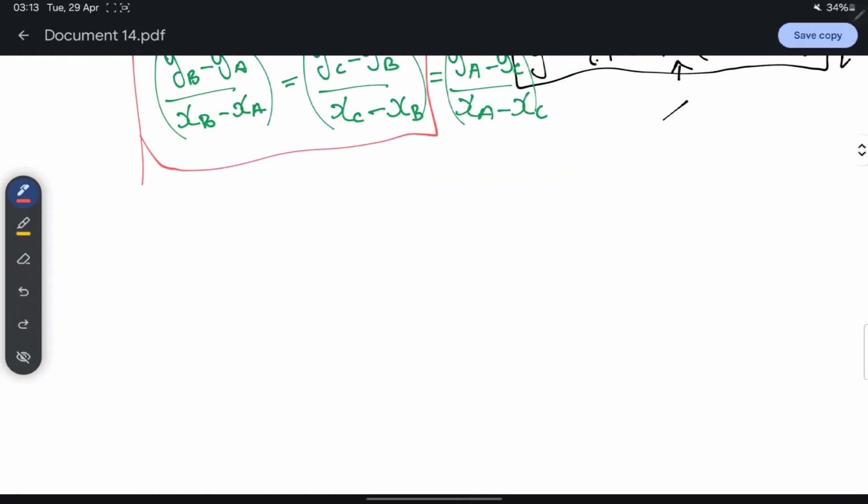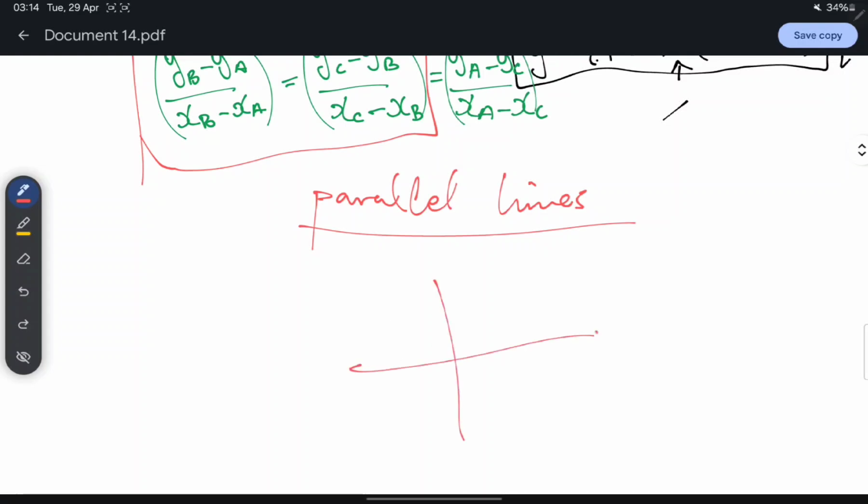Let's talk about parallel lines. What if you are having a Cartesian plane like this?